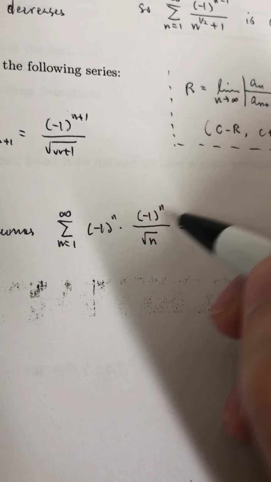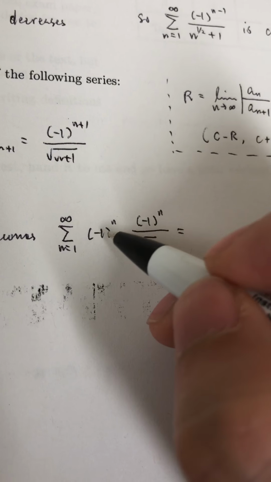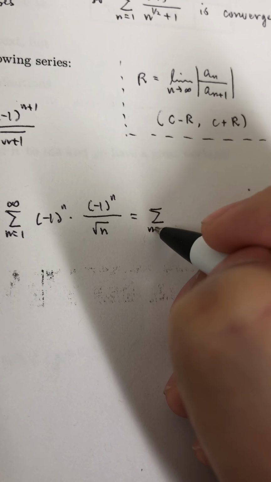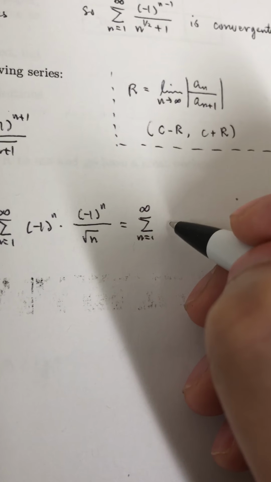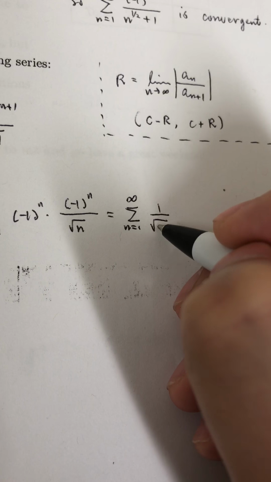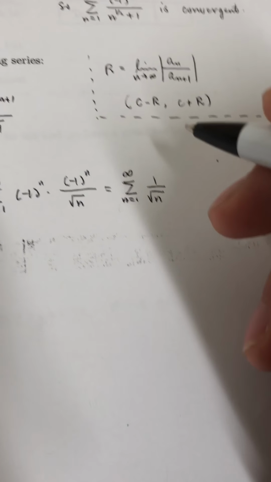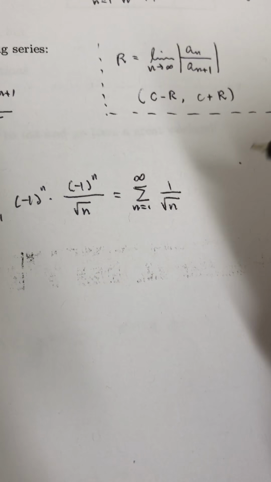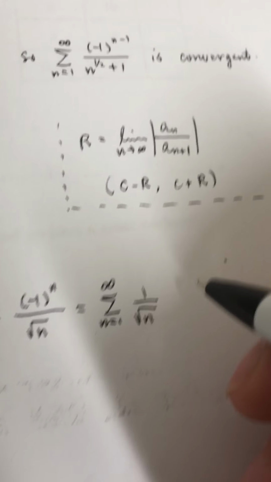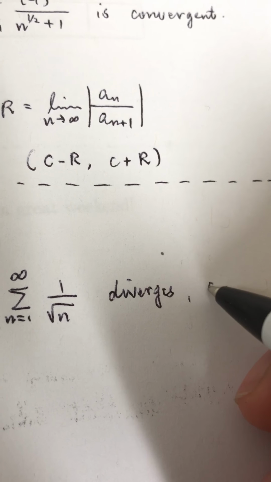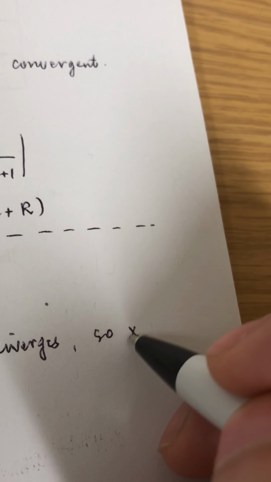Now, negative 1 to the n times negative 1 to the n, you have 1. So the series becomes the sum of 1 over root n. This is definitely divergent because it's a p series, and p is equal to 1/2, which is not greater than 1. Diverges. So x equals 0 is not included.